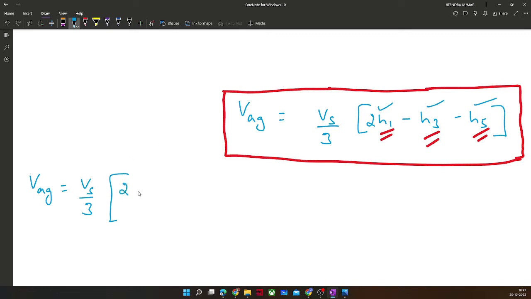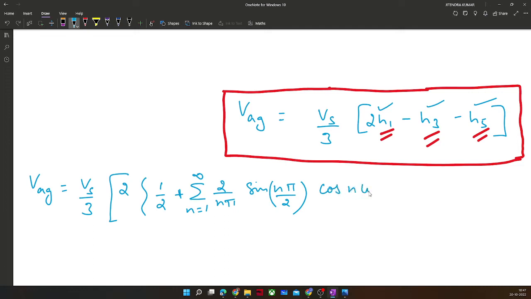2 into half plus summation n is equal to 1 to infinity 2 by n pi sin n pi by 2 cos n omega t, minus, this was 2H1 minus H3.